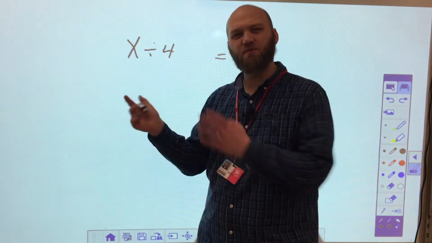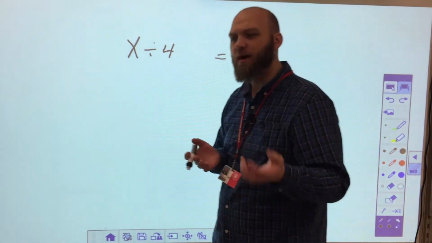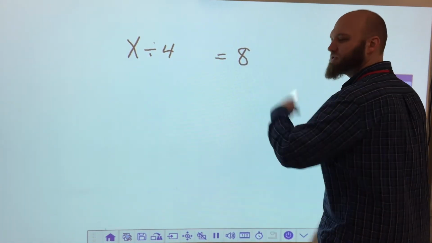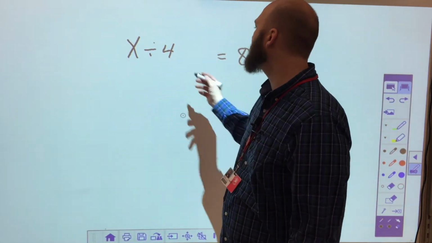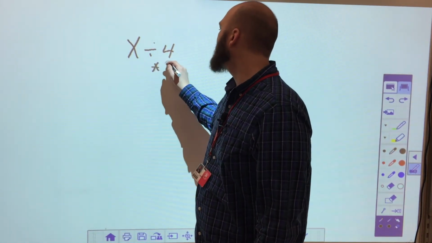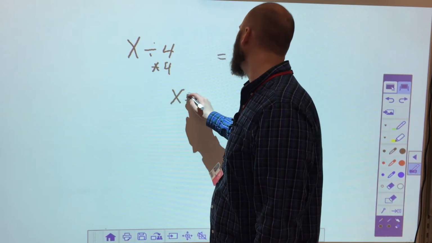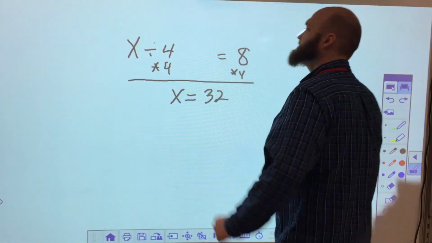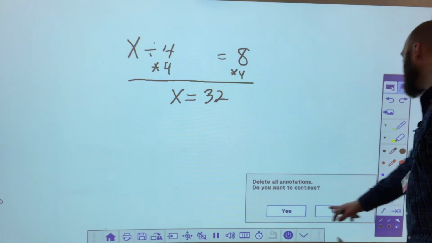It does make a difference when you have x, because remember with associative and commutative properties of multiplication, I can flip-flop those numbers. With division, I really can't, so I would have to solve 2 steps. So I'm trying to clear that up a little bit. So if x divided by 4 equals 8, instead of dividing by 4, I would multiply by 4, and I get x equals 8 times 4, which is 32. Check your work. Is 32 divided by 4 8? Yes, it is.